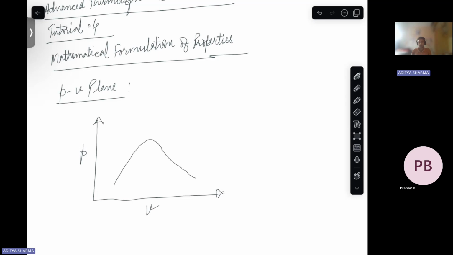In this diagram, what we do, we draw isotherms, right? Isotherms means lines where the temperature will remain the same. Though P and V will vary along these lines, during all this change that we are showing through the isotherm, the temperature remains the same, right?